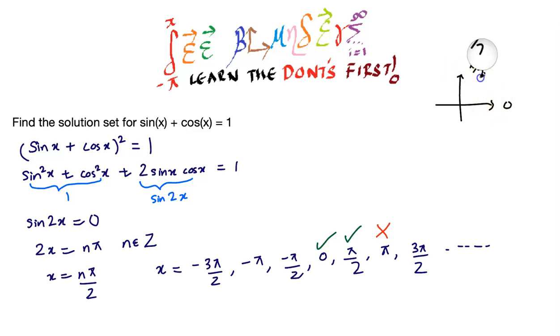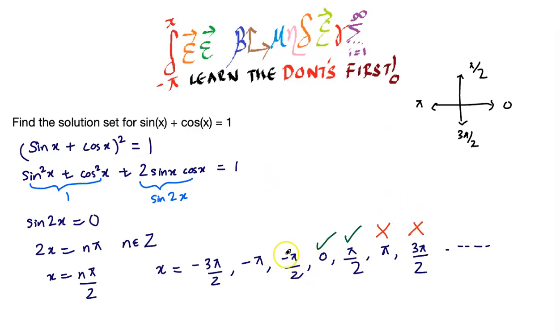So 0, we have pi by 2 radians, pi, and 3 pi by 2. So sin 3 pi by 2 is right here. So that should be minus 1, right? So sin 3 pi by 2 plus cos 3 pi by 2 is minus 1 plus 0. So that is minus 1. So that is also wrong.